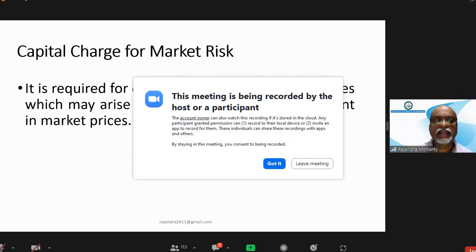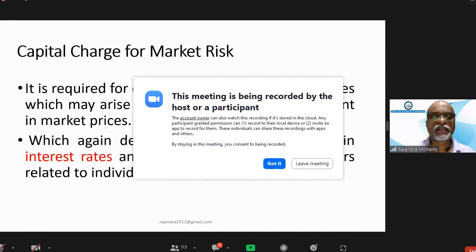So basically, as I told you, it is required for compensating the abnormal losses which may arise on account of adverse movement of market prices of any of the securities where the bank has invested. That is the basis.